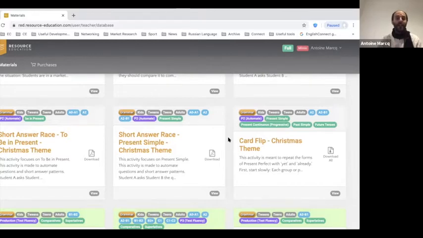Most of them you'll see are our classic research education activities to automate, to build reflexes, and others to test and develop fluency. They're Christmas themed, so that you can use these during the Christmas week with your students, and it distracts them a little bit from what they're doing.